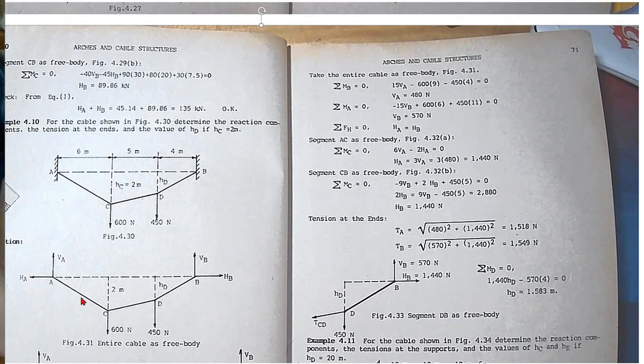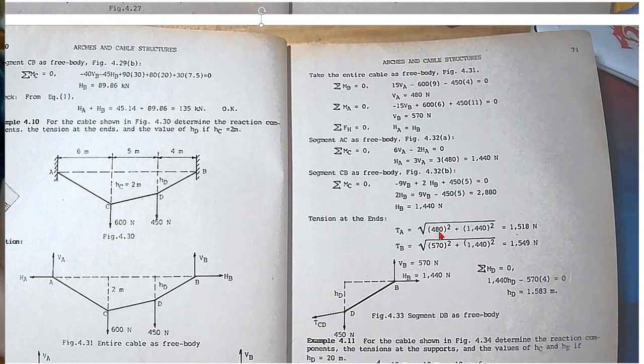For TA, ito, no? This is tension. It is simply the resultant of your HA and VA. Okay, parang hypotenuse lang nitong HA tsaka VA. So that is HA square plus VA square. You take the square root of that.